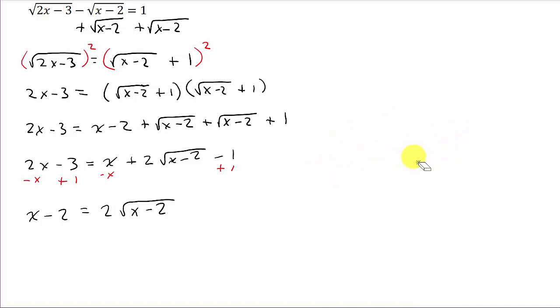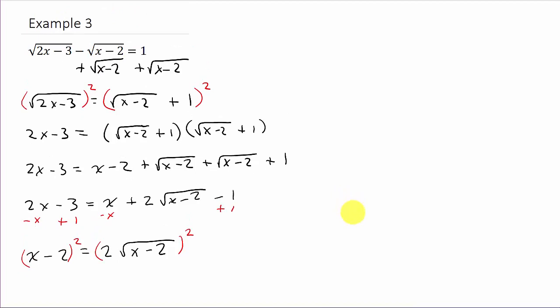So I'm not going to divide both sides by 2. Because this 2 is multiplied to the square root, I can just go ahead and square both sides like this. Okay, so let's look at this.